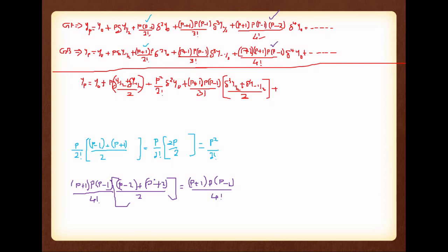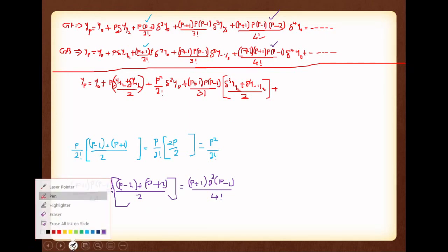P plus p, that is 2p divided by 2, that is p. Already we have 1p, so p into p, that is p square. So we have p plus 1 into p square into p minus 1 divided by 4 factorial, right?